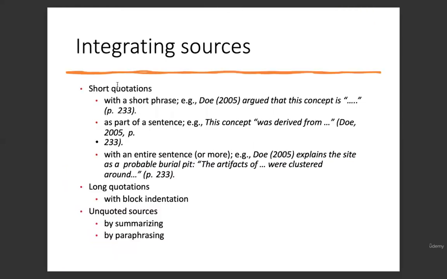You can use short quotations while writing a literature review, but you shouldn't do it so much, okay? Don't do this very often, but sometimes if a quotation is really concise, you can use it. Or with the block, you can use a long quotation, but do not overuse it. Or you can just summarize or paraphrase it without quoting and give your reference.